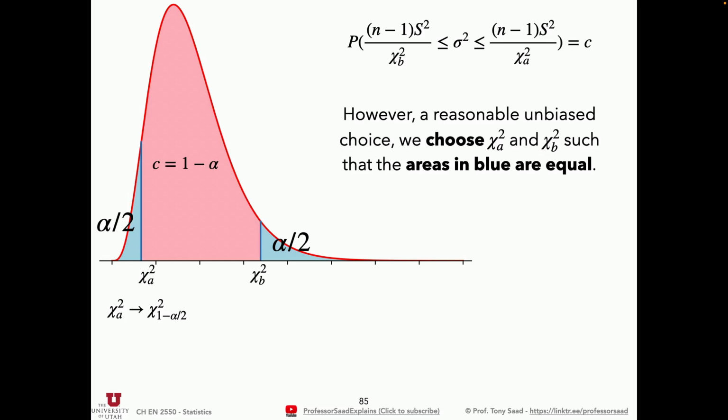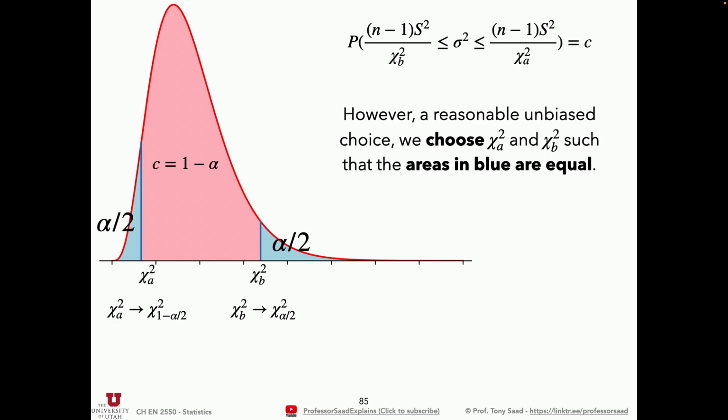I like to just call it chi-squared low, period. That's the one that has the smaller value of the two. The other one, they call chi-squared alpha over 2. It should be called chi-squared 1 minus alpha over 2 because the area to the left of this one is 1 minus alpha over 2, or the area to the right is alpha over 2. So I don't know why they chose this nomenclature. It's annoying. It's non-descriptive, and it contradicts everything we said about our nomenclature earlier.